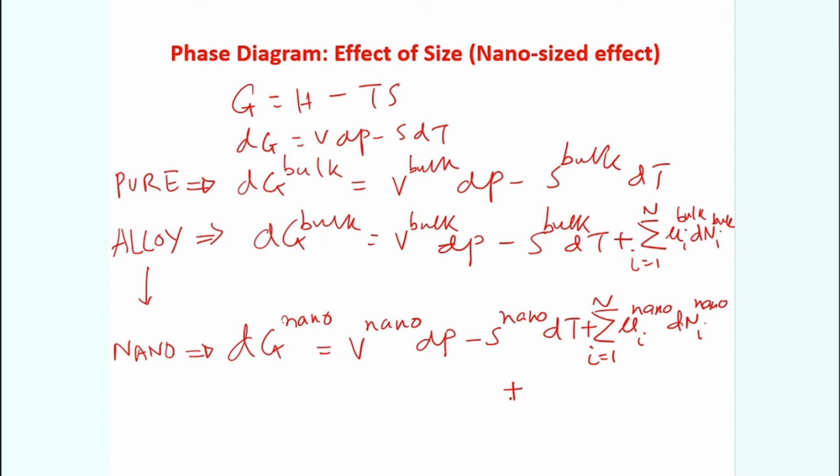That is for the bulk. Then you need to add the surface energy term or interfacial energy term, that is gamma dA. Correct?